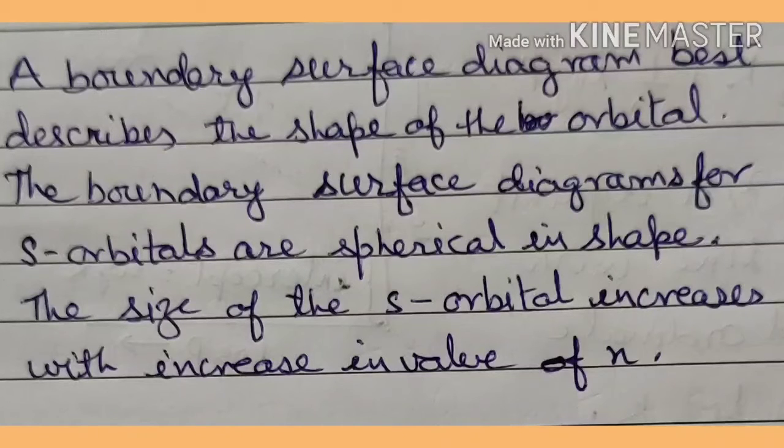The boundary surface diagrams for s orbitals are spherical in shape. The size of the s orbital, however, increases with increase in value of n.